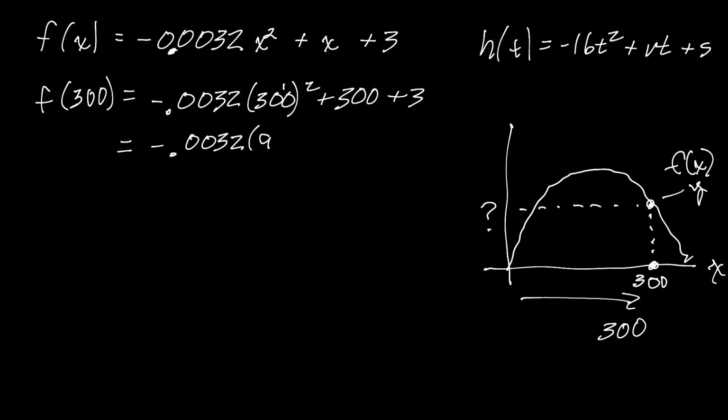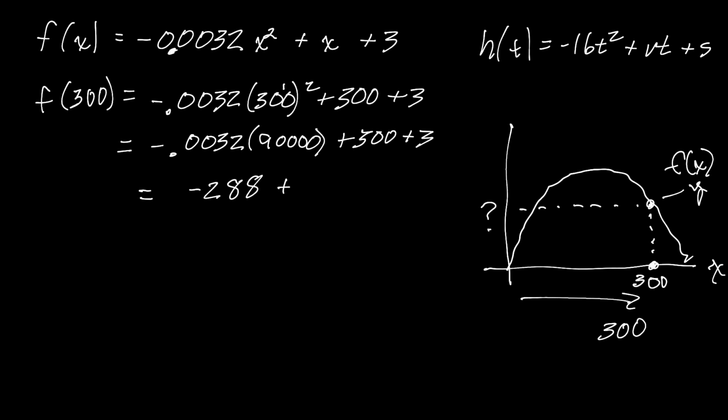If you were doing it step by step, you'd have 90,000, and what's 90,000 times negative 0.0032? It is negative 288.